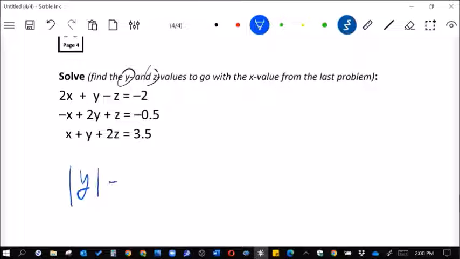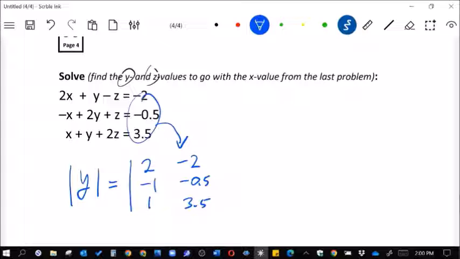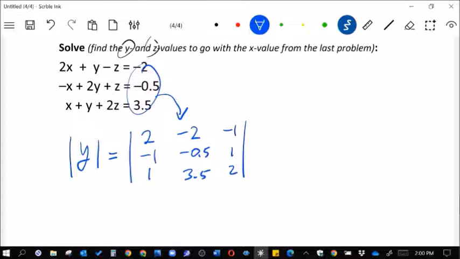For the y function, or the y determinant, we're going to use the x coefficients, not the y coefficients. We're going to use the -2, 0.5, and 3.5. But we will use the z determinants, -1, 1, and 2.